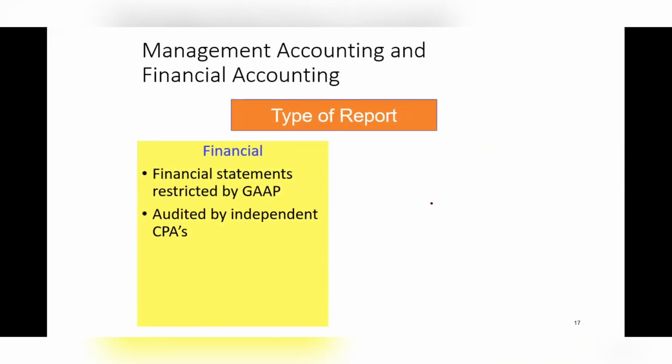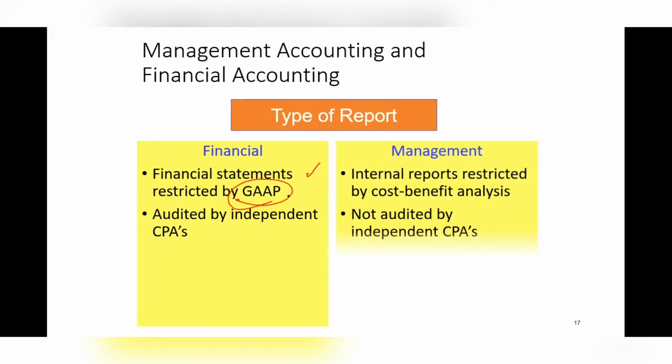Okay. Type of report, I've mentioned this earlier. FS po, sa financial accounting, yan yung end product natin sa financial accounting, and that is restricted by generally accepted accounting principle. Audited by independent CPAs. Pero kapag management reports, internal reports, or special reports restricted by cost-benefit analysis, okay?